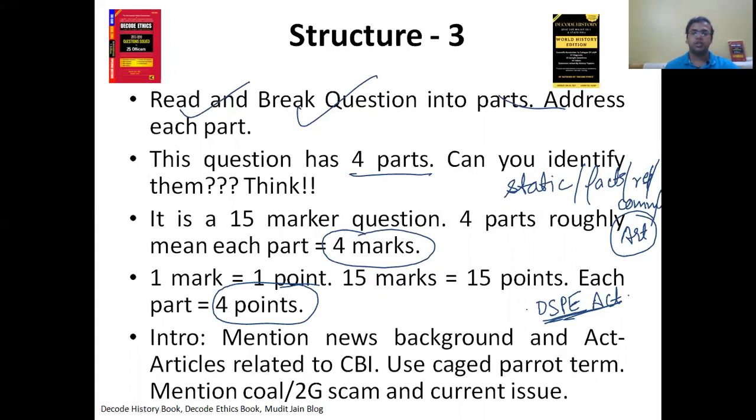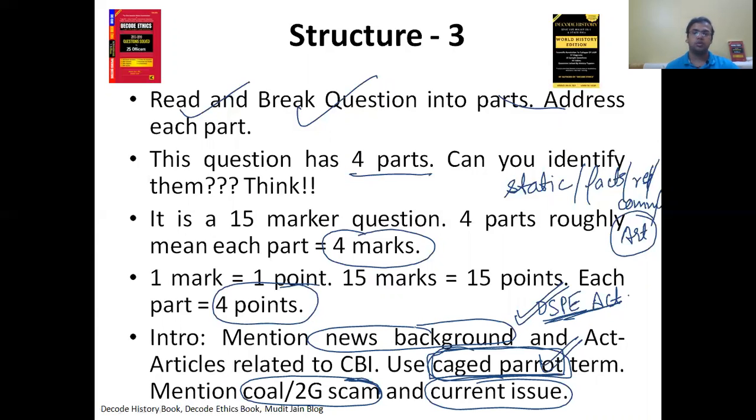So in the intro itself, you have to mention this act. You have to mention keywords related to CBI, like caged parrot, which was a very famous term back then when I used to study. I'm not sure if it is famous now or not, but you have to mention this keyword. Mention scams like the coal scam, 2G scam, in which CBI had a huge role to play in the investigation, and link with any other current issue or news background that may exist or may not exist. So this much you have to do in the intro.